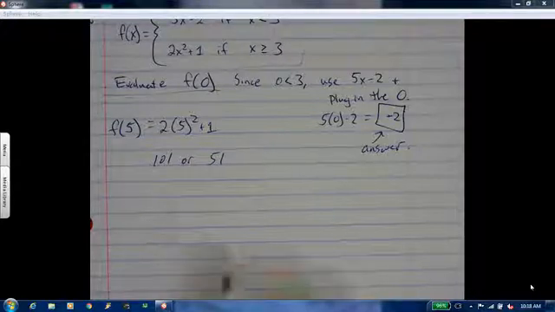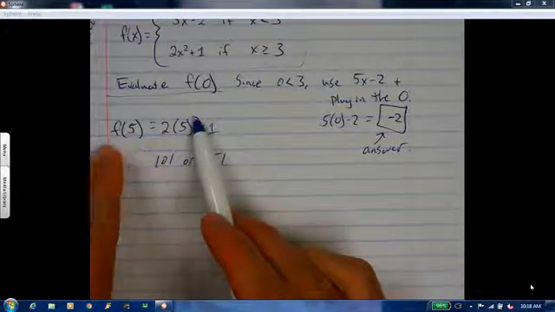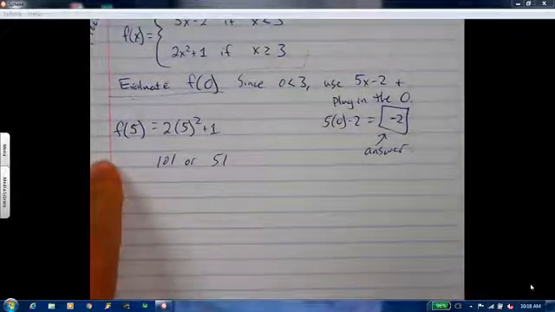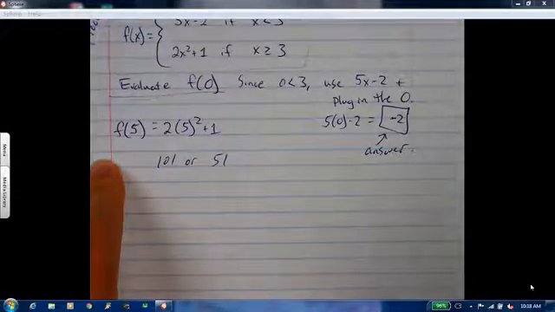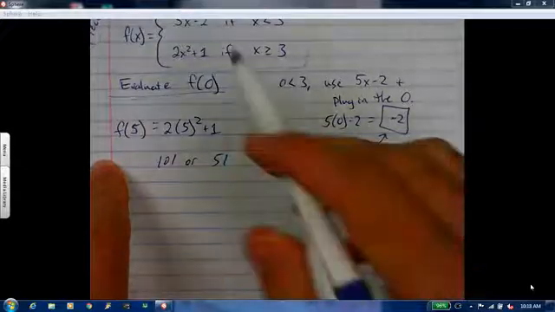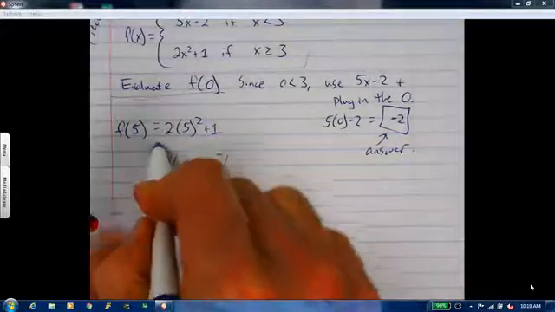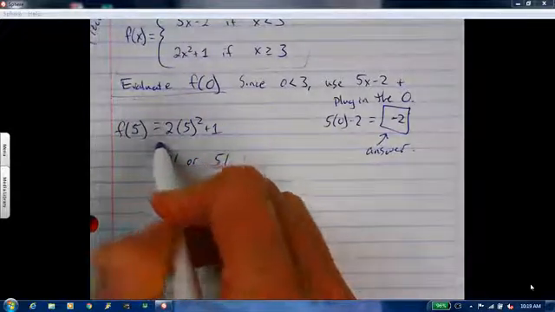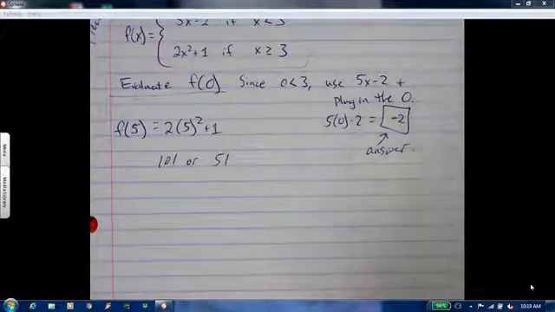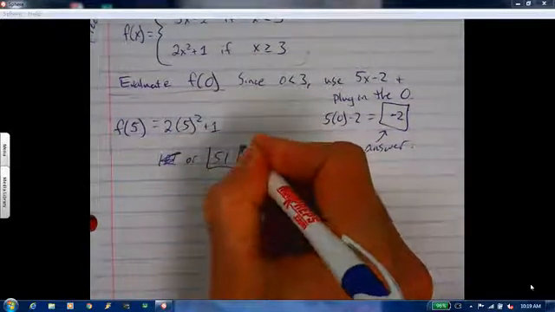What do you do first, 2 times 5 or 5 squared? Good. 5 squared is? 25. Don't say 10 there. 25 times 2? You got 2 quarters. You got 50 cents. Plus 1? 51. 50 cent piece. Alright.